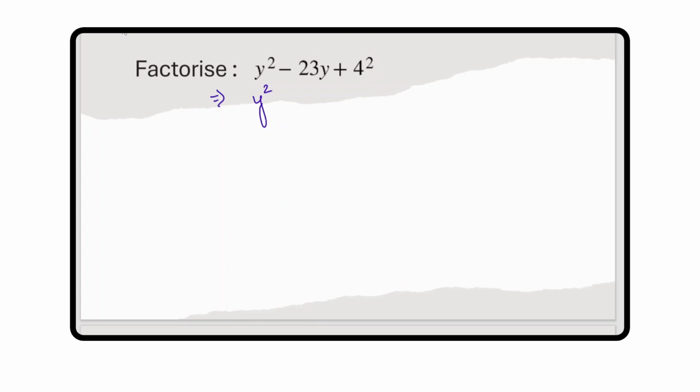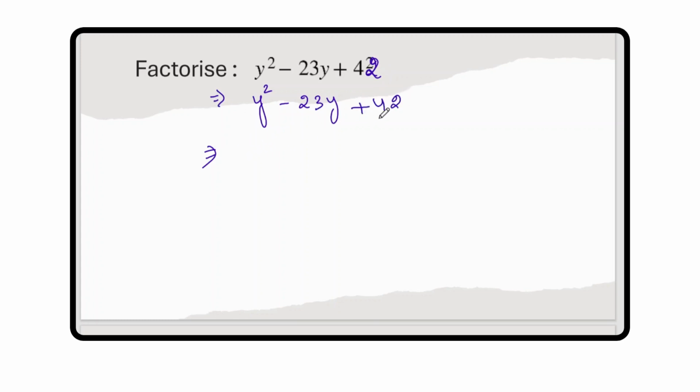So I'm writing y square minus 23y plus 16. Now, I think it is not 16. Sorry, it is 42. By mistake, it has been written wrong. Okay, it is 42. Sorry. So we will correct it. I'm writing it as 42. Your correct question is this.